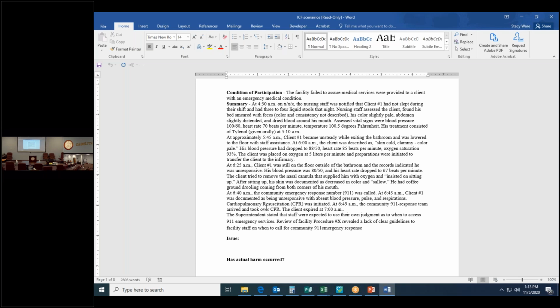Okay, the coffee grounds, and what else? Staff. Cannula. Okay, I couldn't hear you. What did you say? Removing the nasal cannula. Okay.